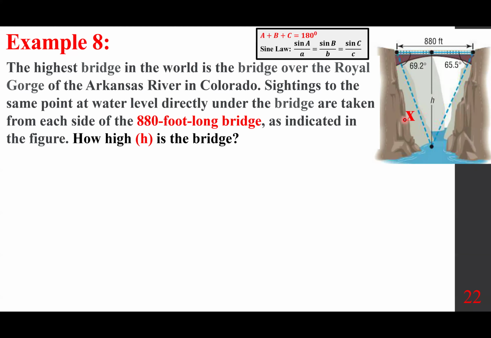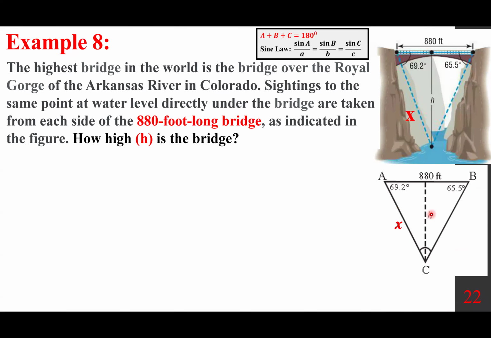Well, first let's call this side X. Second, let's do the drawing here, everybody. And this is 69.2 degrees. This is 65.5 degrees. This distance is 880 feet. We're going to call this X. We're going to call this ABC.